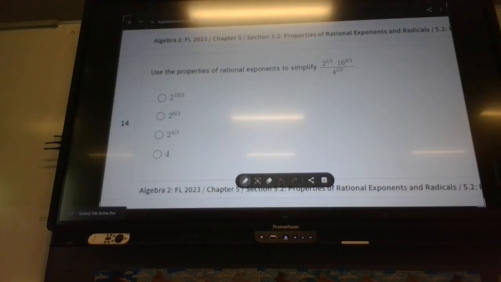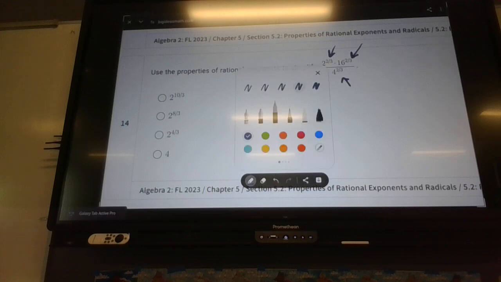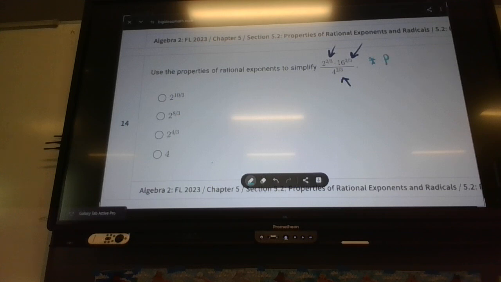So all of these have the same exponent. In that situation, you can put the exponent outside of parentheses, because they all have the same one.